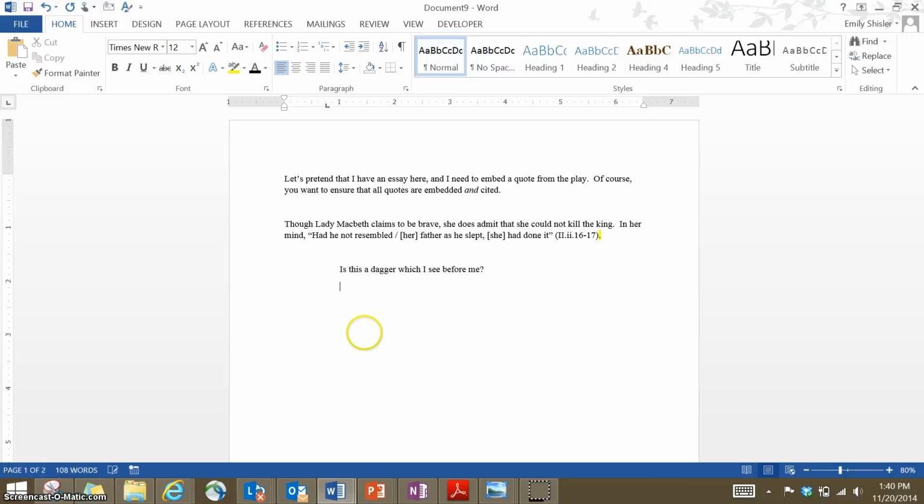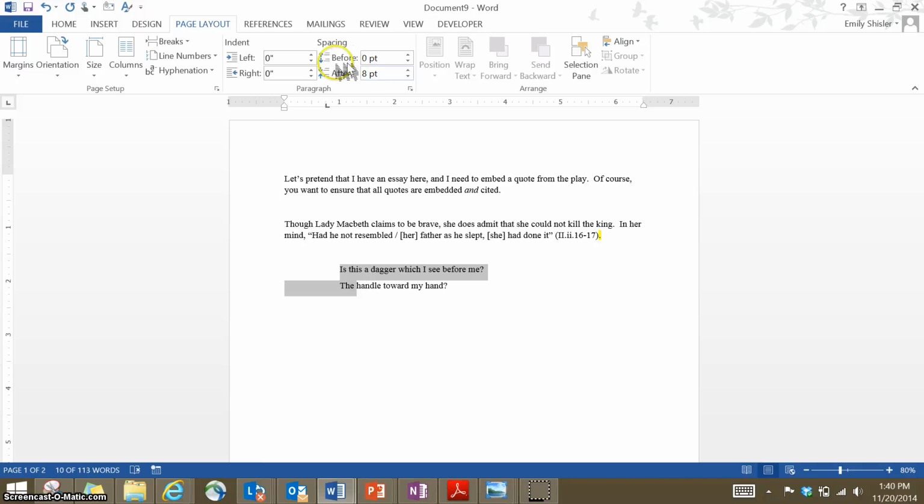And if I wanted to cite a whole long section of text, I would put it in here all indented and single spaced. I'm noticing that this doesn't look quite right. Oh, it's because my spacing's set at 8 point instead of 0.